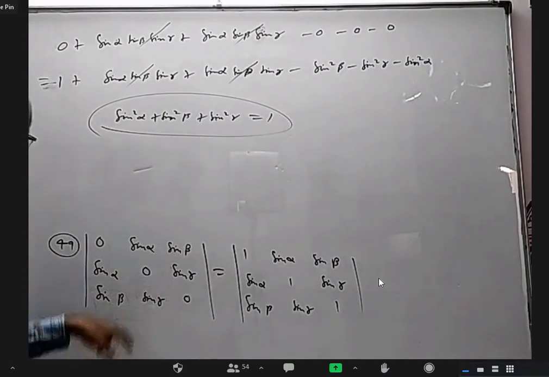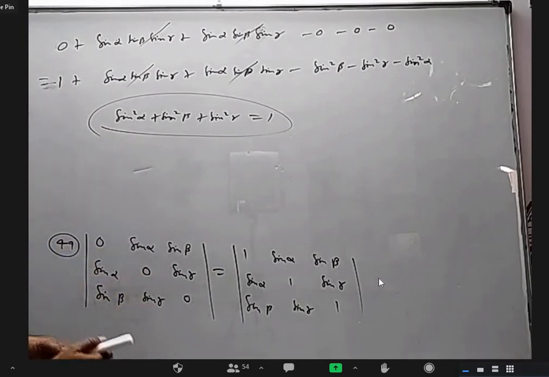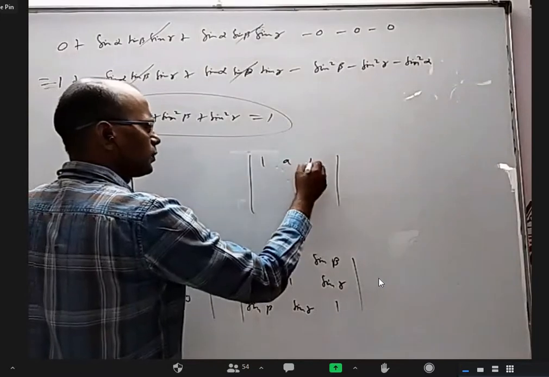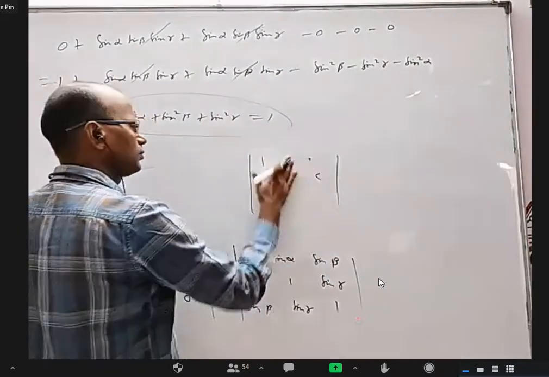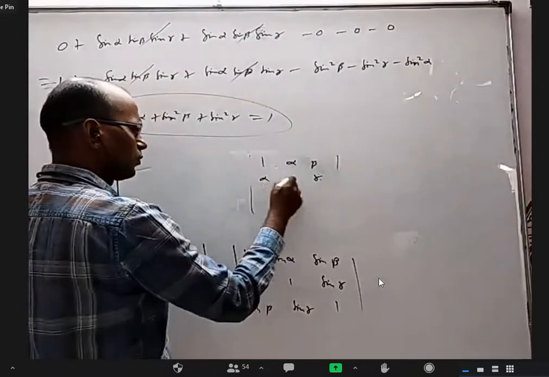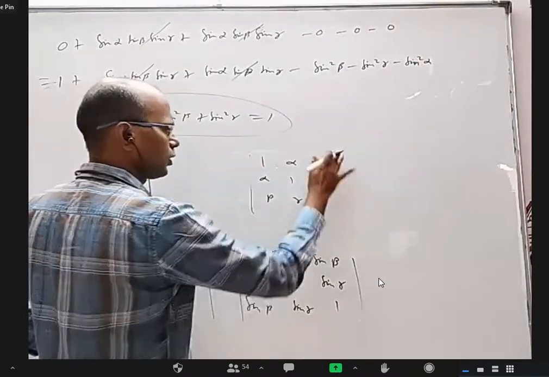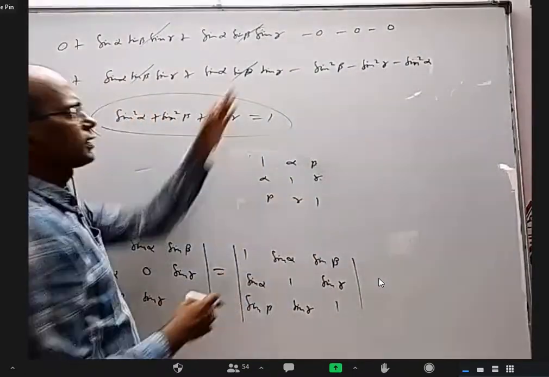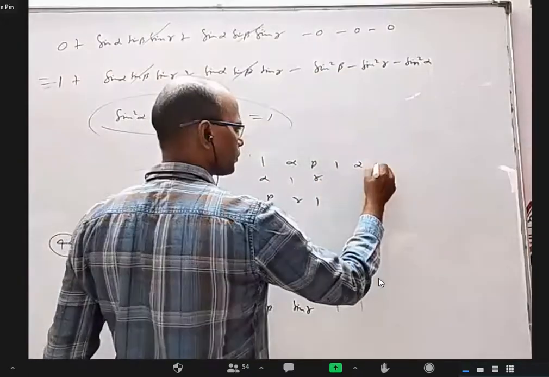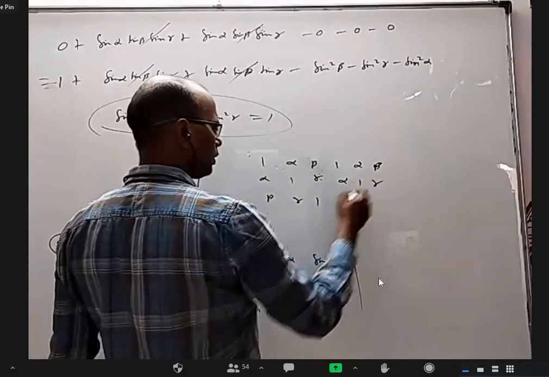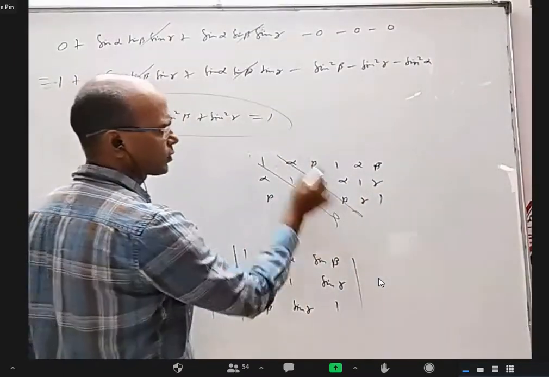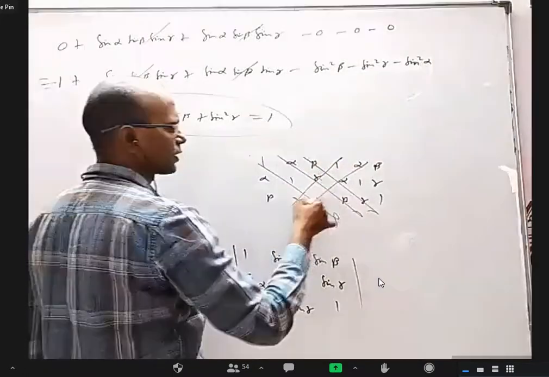You expand normally, I said, but if somebody wants, let's say I take this as 1, alpha, beta, alpha, 1, gamma, beta, gamma, 1. How did I expand this way? I said you can multiply these three plus this product minus this, minus this, minus this.